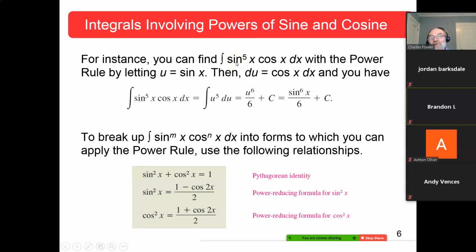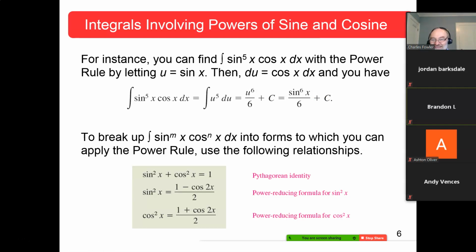Let u equal sine x. What's du then? Cosine x dx. Well, then this will be u to the fifth times du. That's it. It's nothing new, really. And that is exactly what you would get here. And that would be u to the sixth over 6 plus c, sine to the 6 over 6 plus c. That's it. Now that's easy.